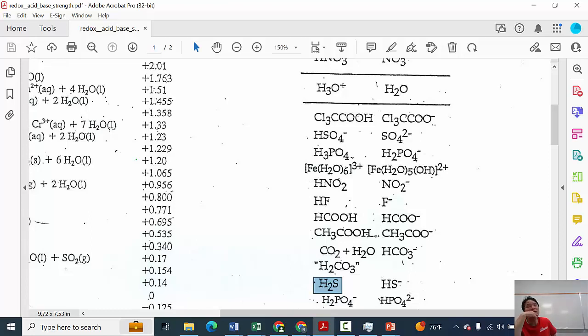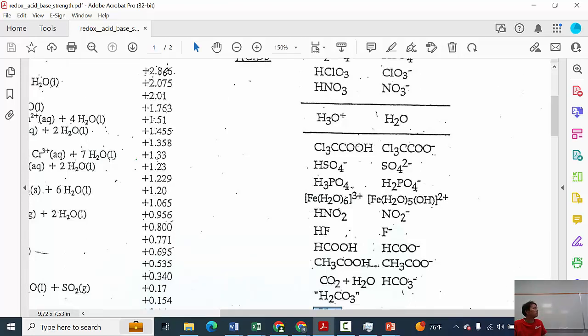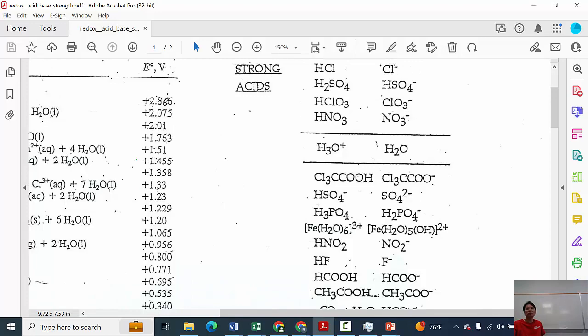As an acid, we don't call it hydrogen sulfide. We call it blank acid. Hydrosulfuric acid. That's correct. That's good. H2S is hydrosulfuric acid versus H2SO4, which is sulfuric acid.